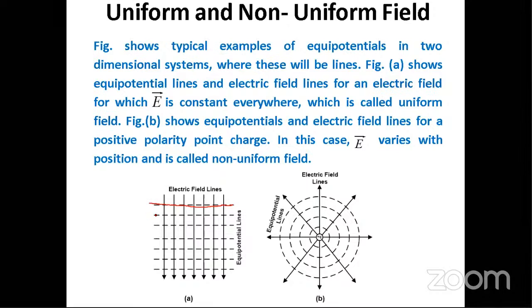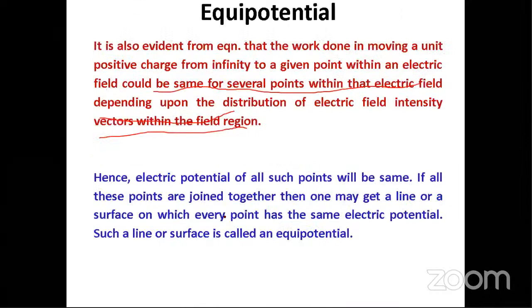Similarly, here these points are also maintained at a certain distance, so they are also an equipotential line. In that way, the electric potential of all such points will be the same.